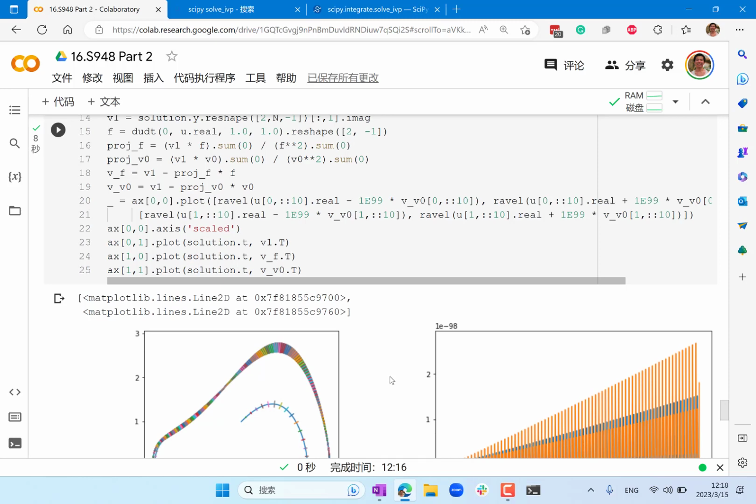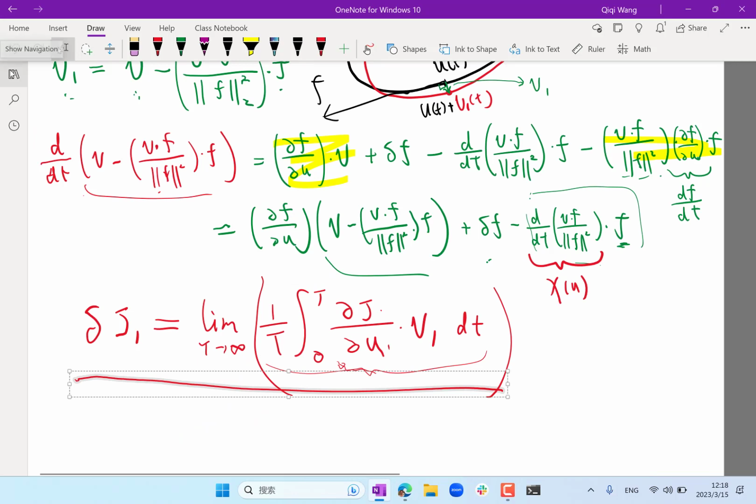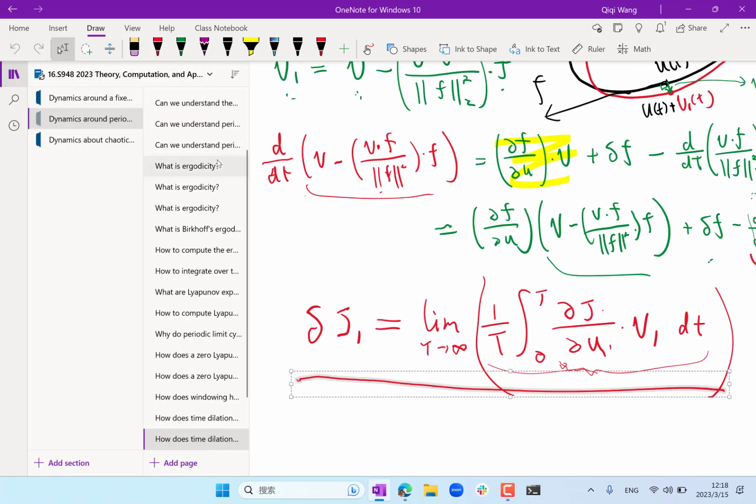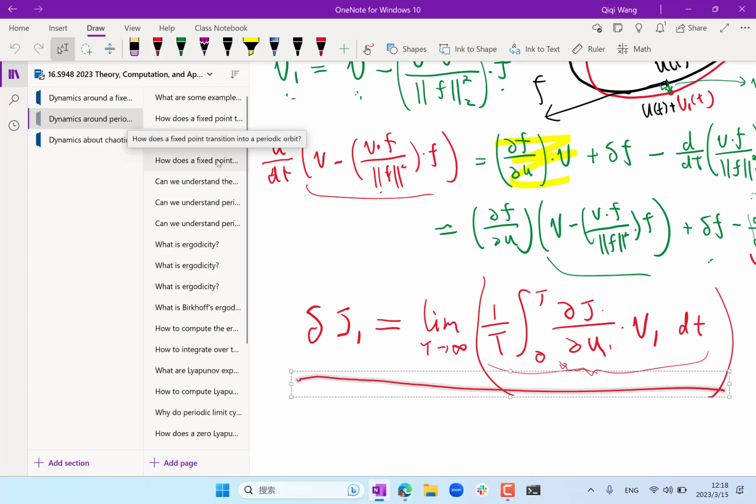All right. If no, this is really the end of the periodic limit cycle discussion, right? So basically what we have learned is that we are using the periodic limit cycle as a simple playground to discuss a lot of the problems and algorithms that are useful in chaotic systems.